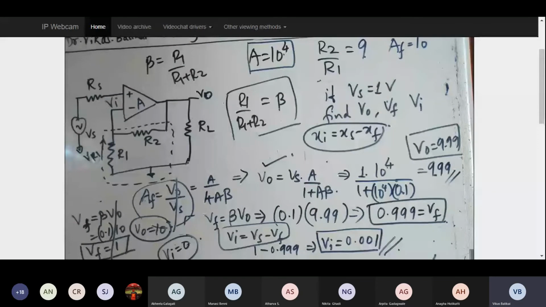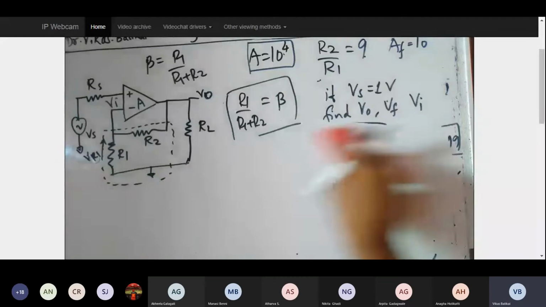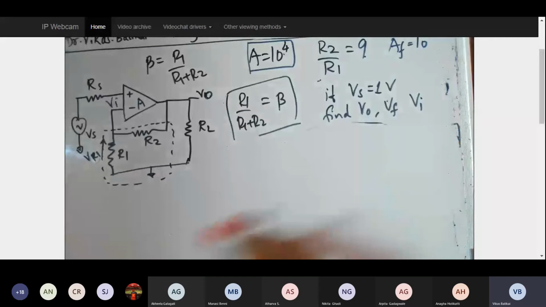Now there is one last statement in the problem, and I'm going to leave it as homework or assignment, whatever you think. Please try to solve that portion because that portion would be asked in the examination.